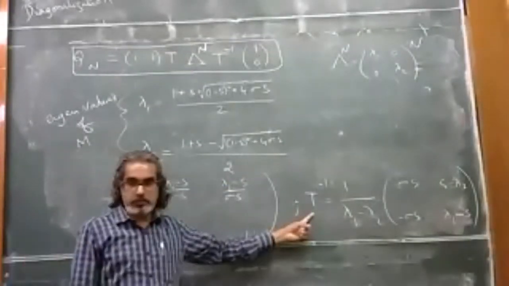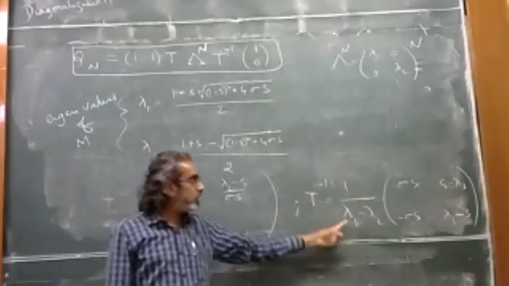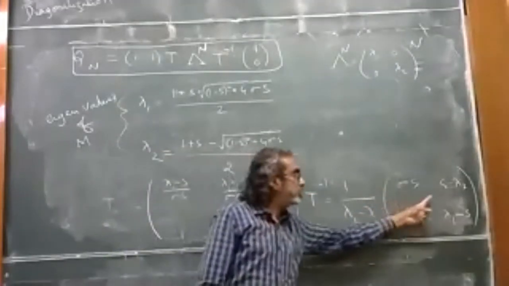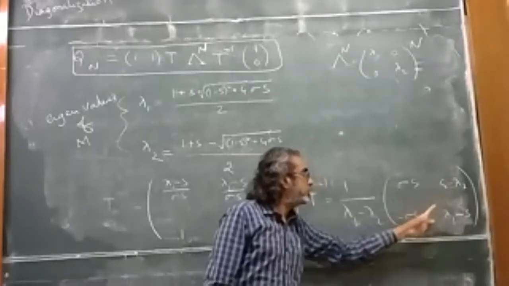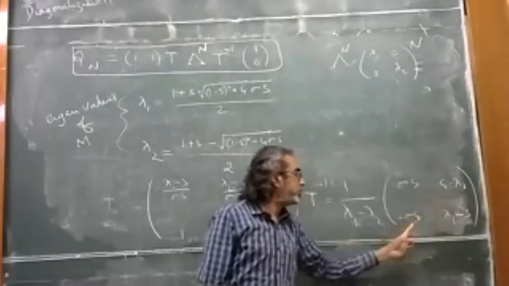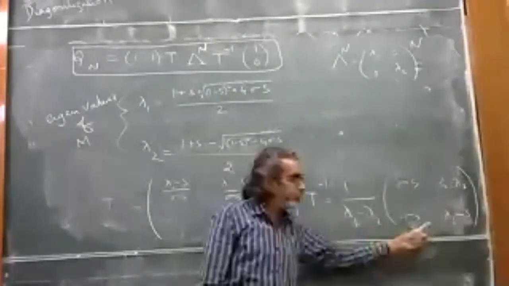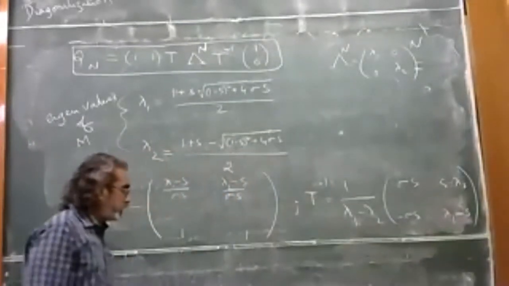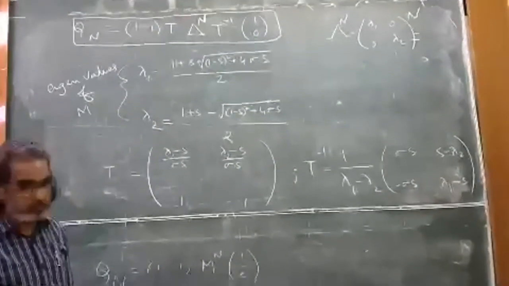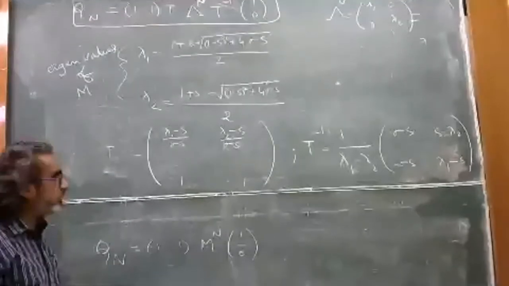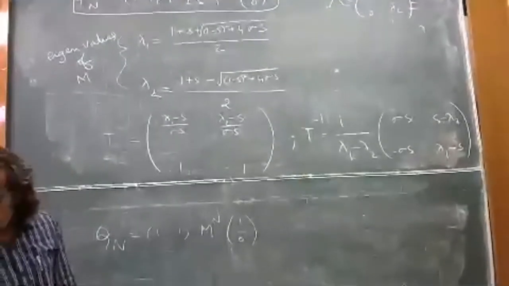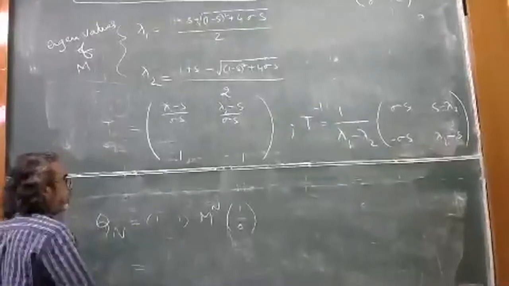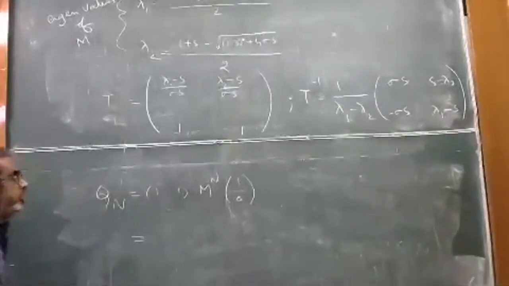And the T inverse matrix is 1 over lambda 1 minus lambda 2, and the terms are sigma S, minus sigma, sorry, S minus lambda 2, minus sigma S, sigma, lambda 1 minus S. Don't worry, I'm doing this from Mayer and Jackson. I'll give you the chapter number. I think I have the PDF copy in the Google Drive, so you can look at it.